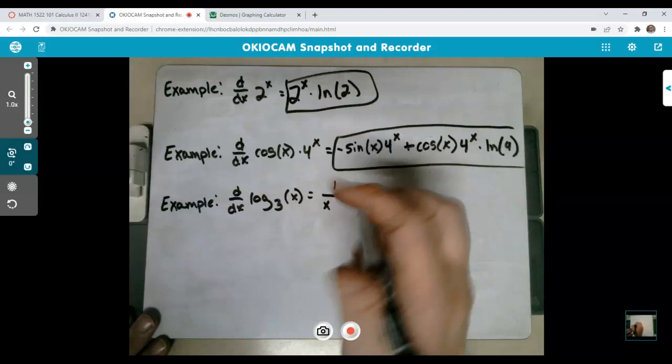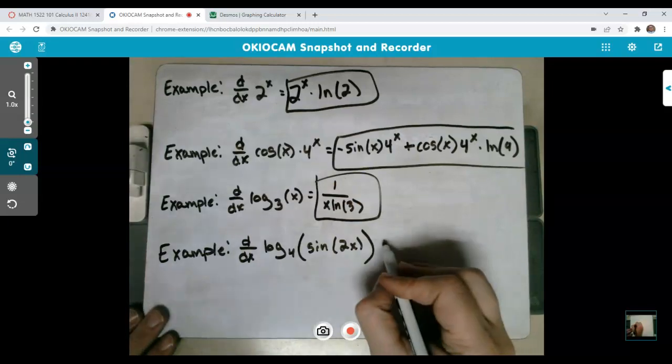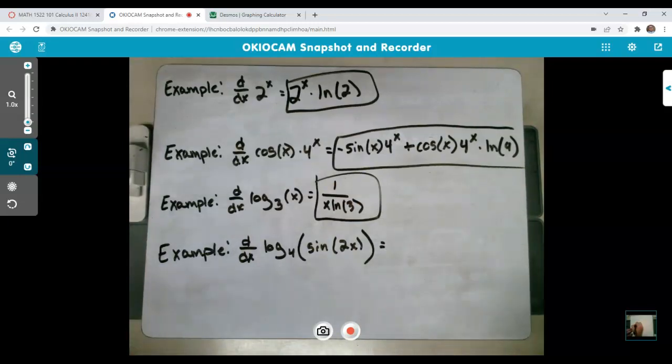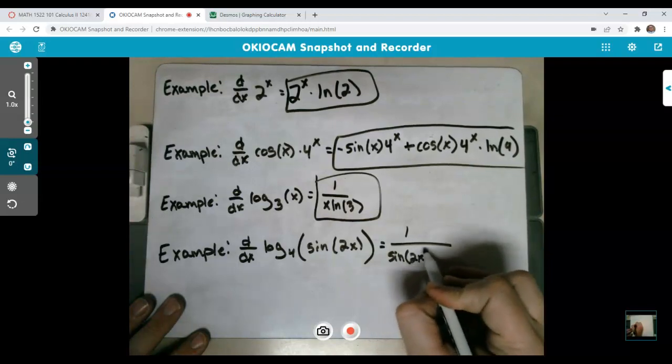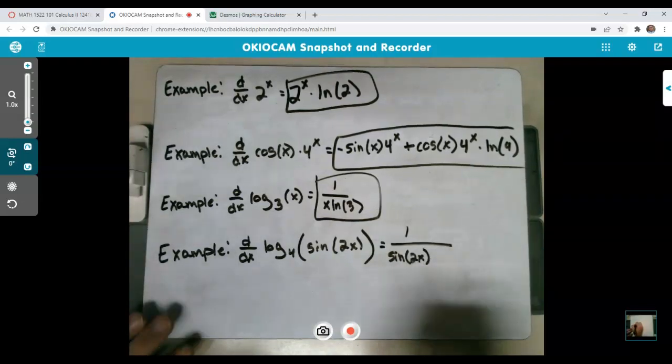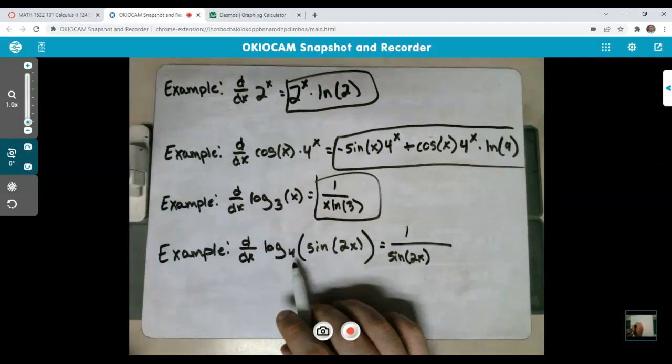Another example. Let's do the derivative of log base 4 of the sine of 2x. Okay, so this is a logarithm, so I know it's going to be 1 over the stuff. So 1 over sine of 2x, but since my base is not equal to e, I've got to also times that by the natural log of my base, so natural log of 4.